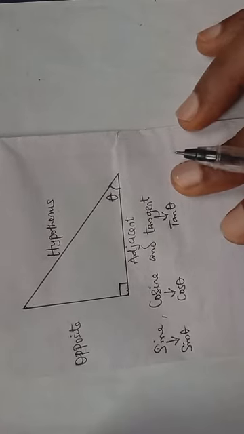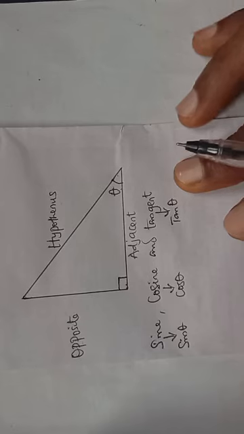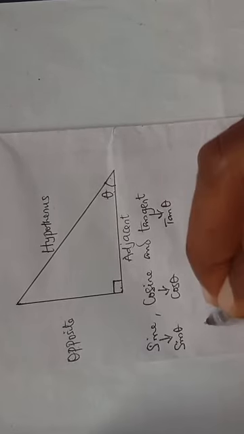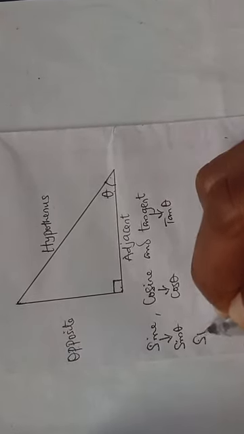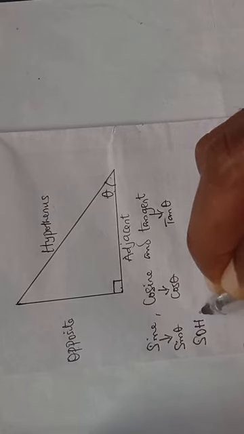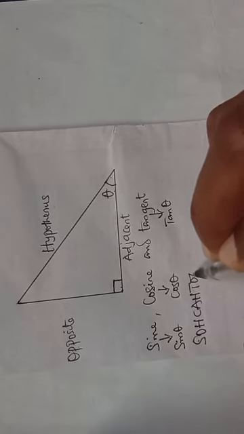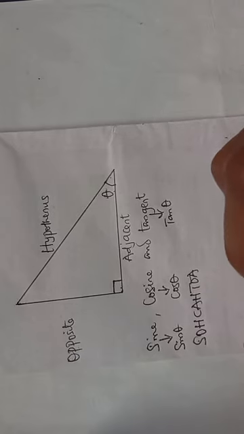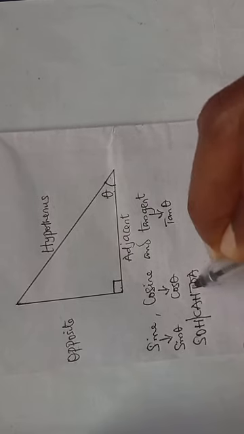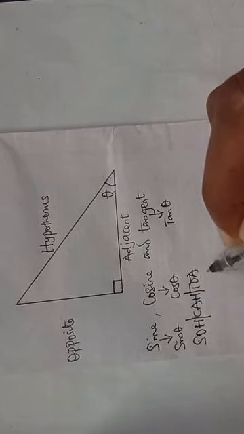That simple way is an acronym called SOHCAHTOA. I can break it into three parts: first part, second, and third.